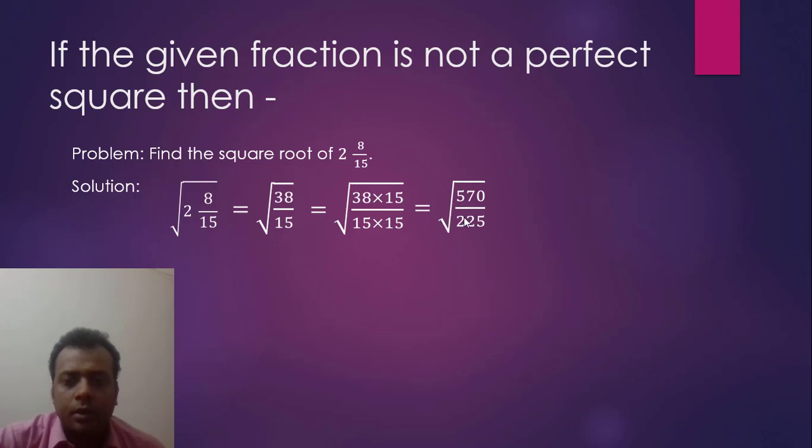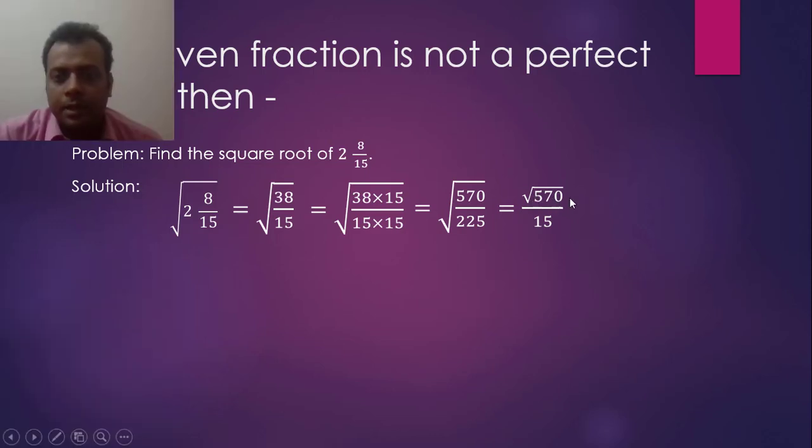So in the denominator you will get 225, and in the numerator you will get 570. When you distribute the square root over numerator and denominator, in the denominator you will get 15, that is, the square root of 225 is equal to 15. But in the numerator you will get root over 570, which is not a perfect square.